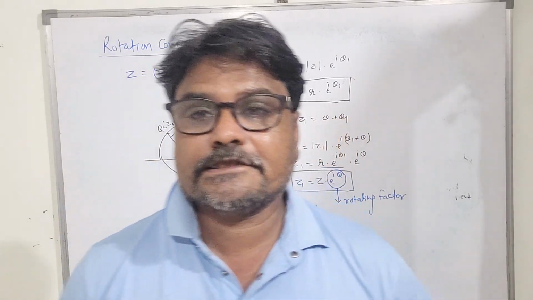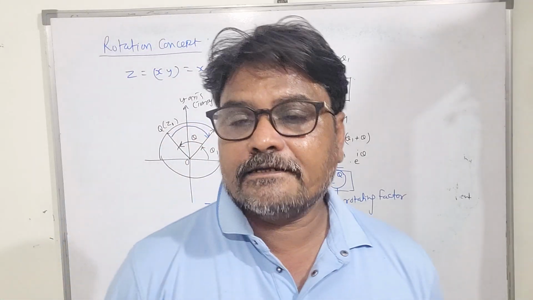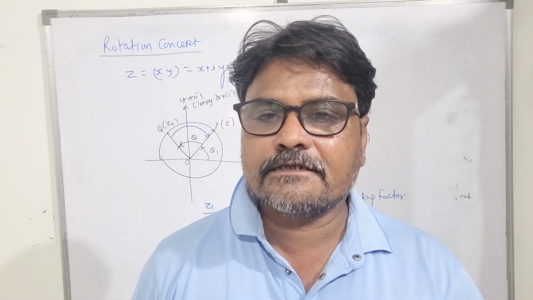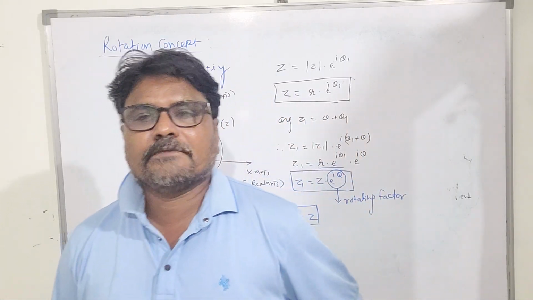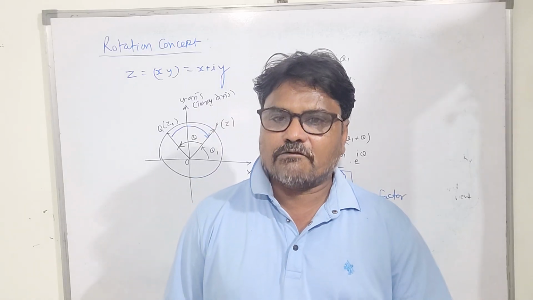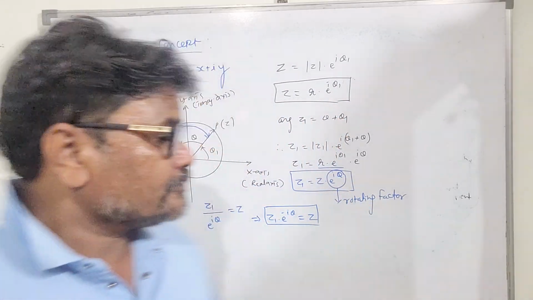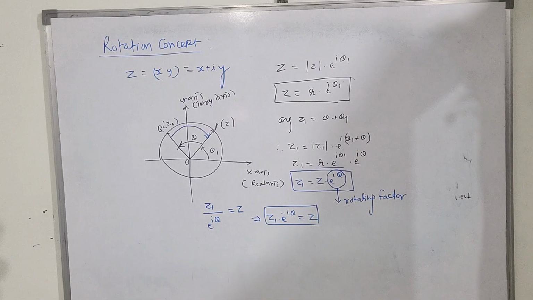If theta is positive, the complex number rotates anti-clockwise, and if theta is negative, the complex number rotates clockwise, correct? So this is the first concept in the rotation of complex numbers.